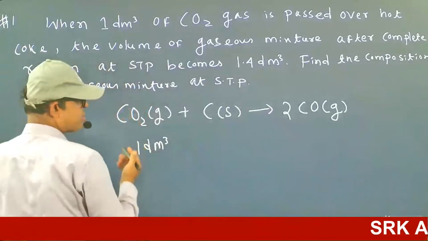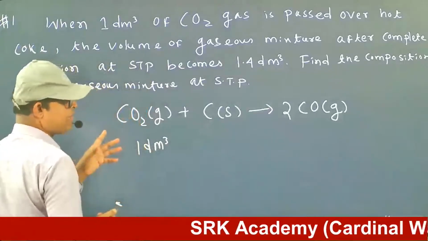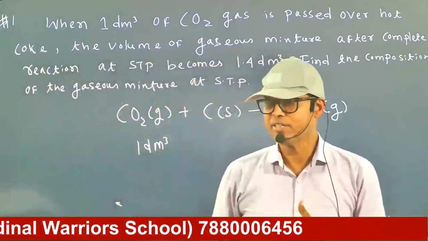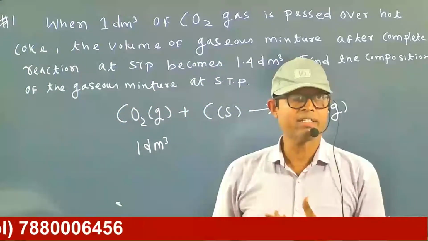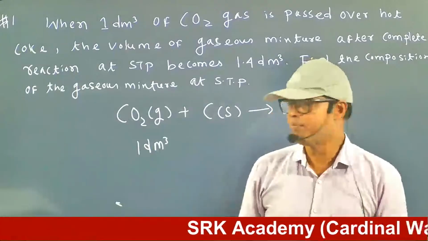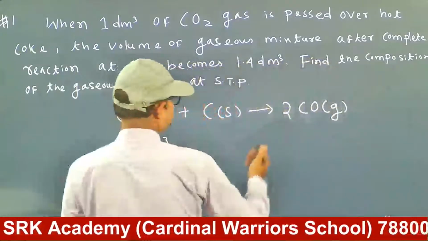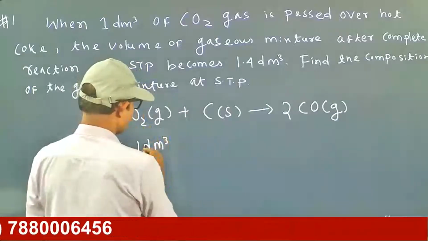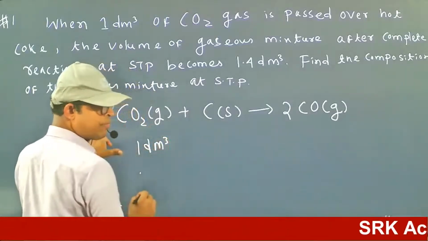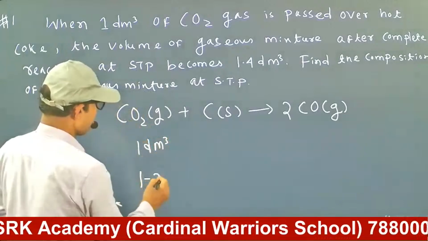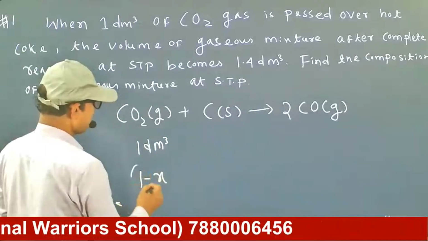Suppose x decimeter cube of carbon dioxide has reacted. When it has reacted, how much carbon monoxide is formed? So this is x decimeter cube. When it is reacted, we are left with the volume of carbon dioxide, 1 minus x decimeter cube.